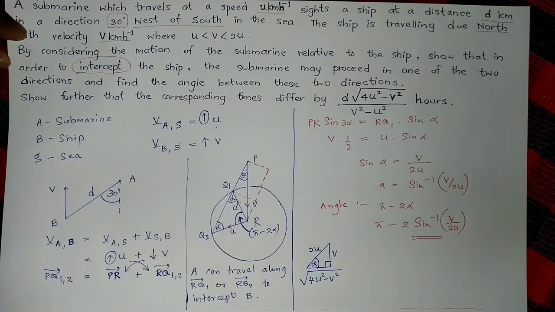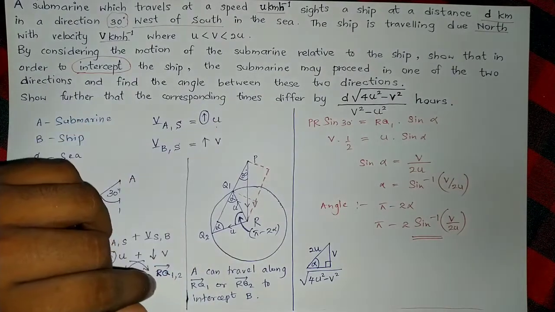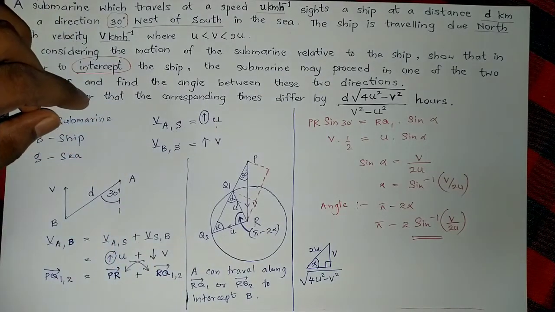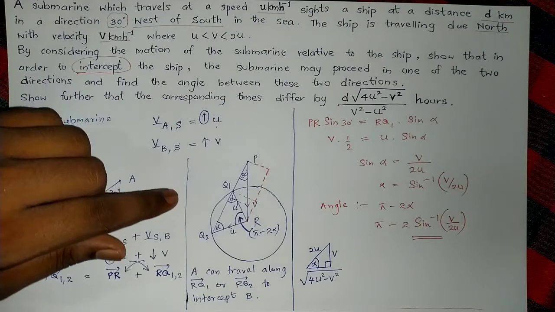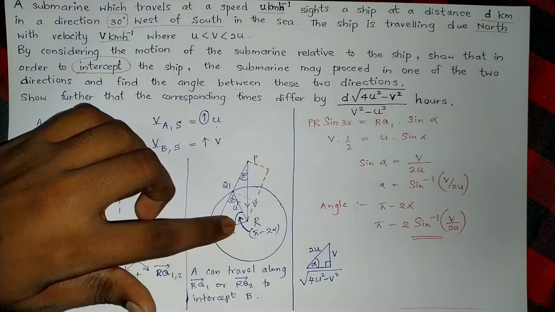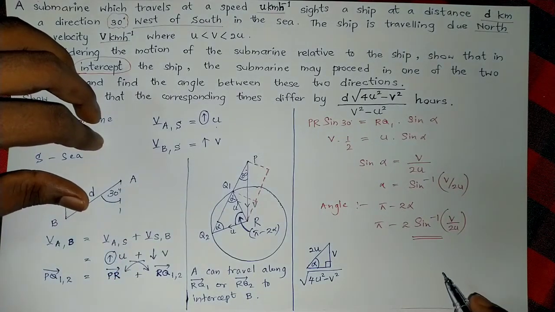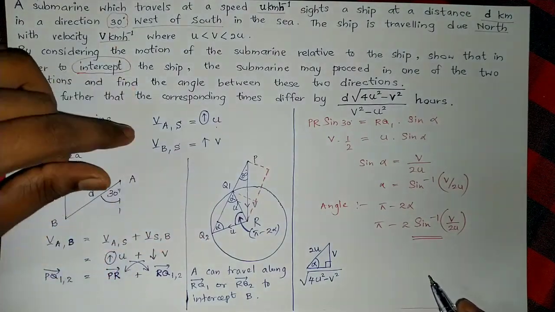So in the next part, they want us to show this expression for the time difference. So the time difference of the two paths. If the submarine is traveling along RQ1, it can take a different time. RQ2, another different time.